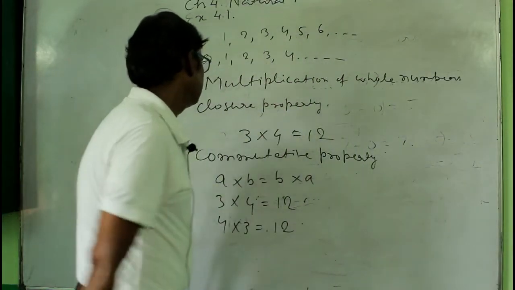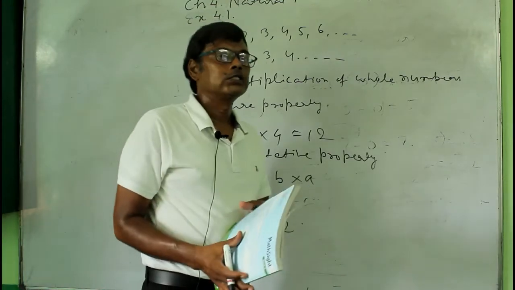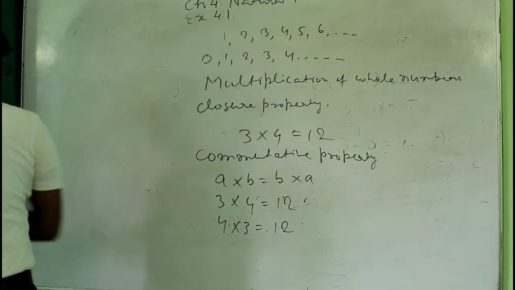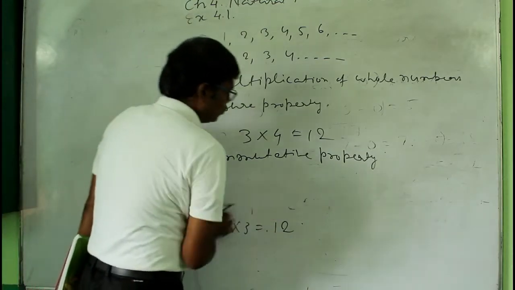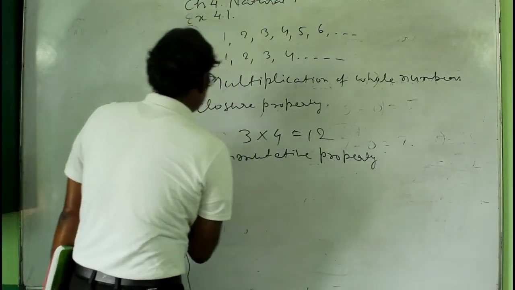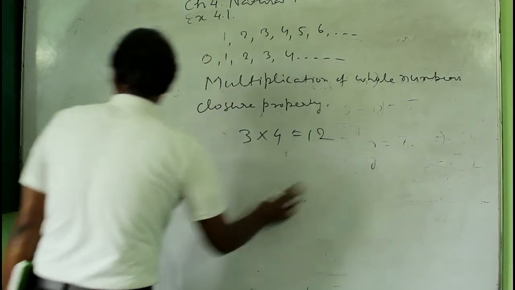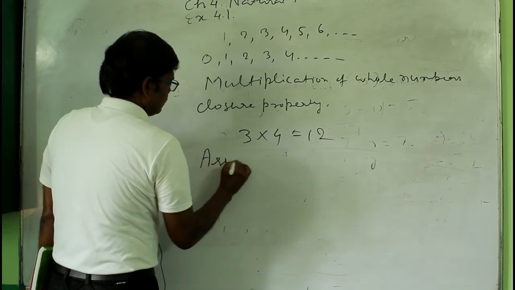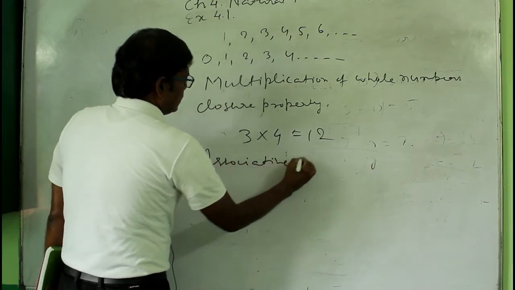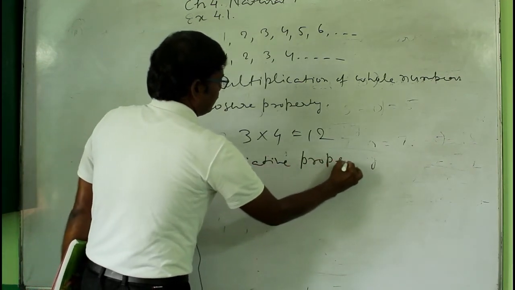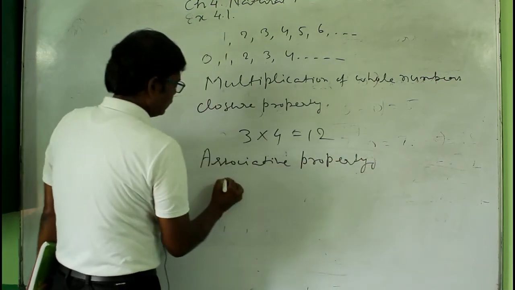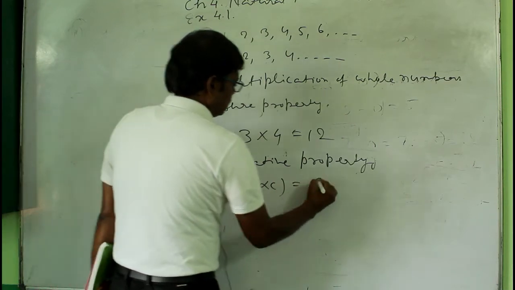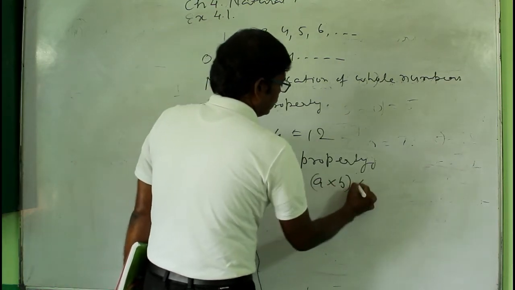Then the next property is the associative property. The associative property is also true for the multiplication of whole numbers. Like here you have a into b into c equal to a into b into c.